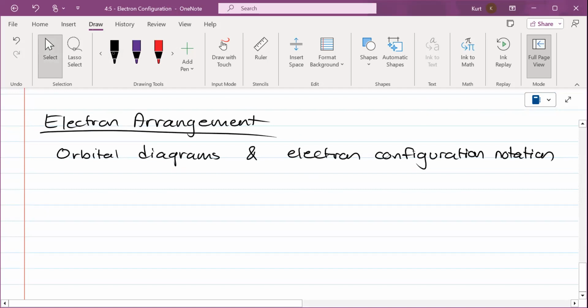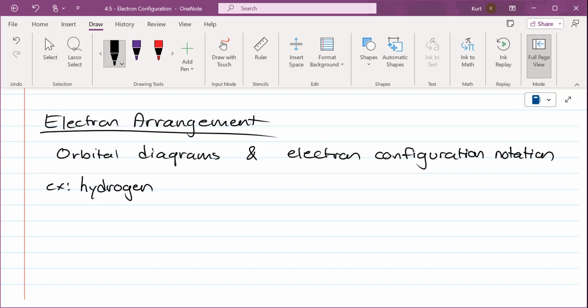Okay. I'm going to give you guys the easiest element in the universe. What is it? Hydrogen. Okay. We're going to do hydrogen as our first example. You got to start small.